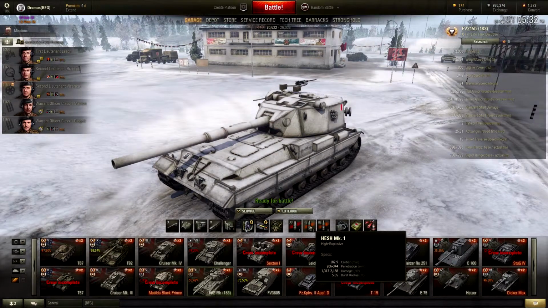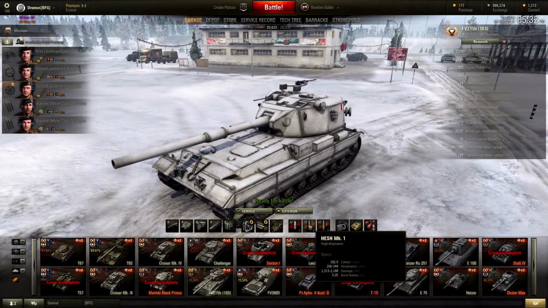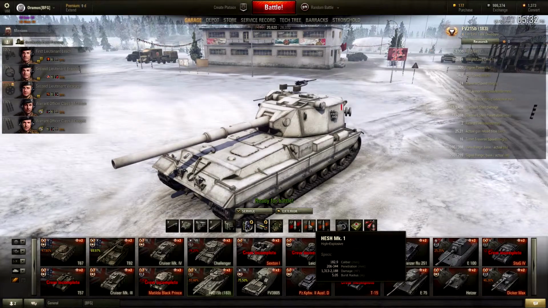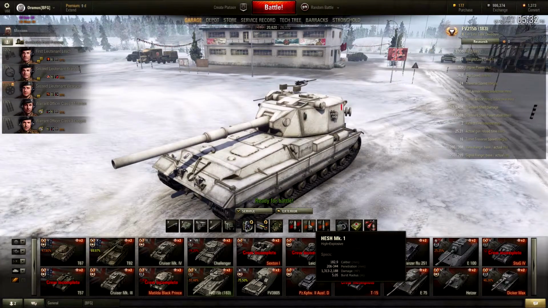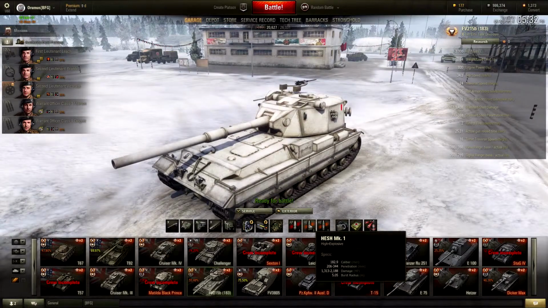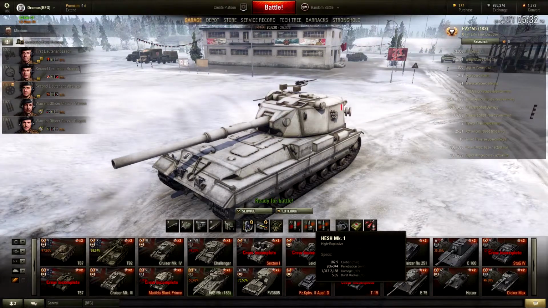And damage will be applied to any other vehicles in that radius. So say, for example, that you're shooting at an enemy and you hit right next to him. Well, just like HE trying to penetrate armor, because you didn't penetrate anything, you're exploding in the air.